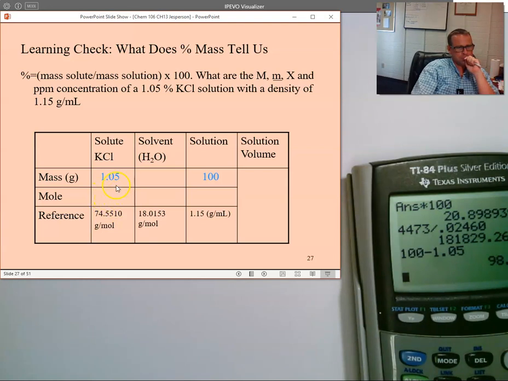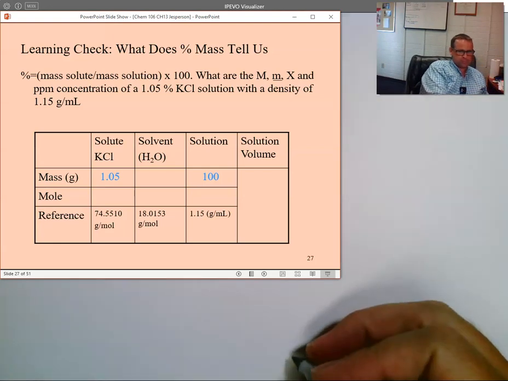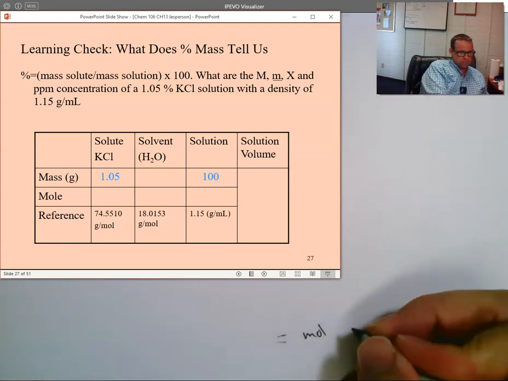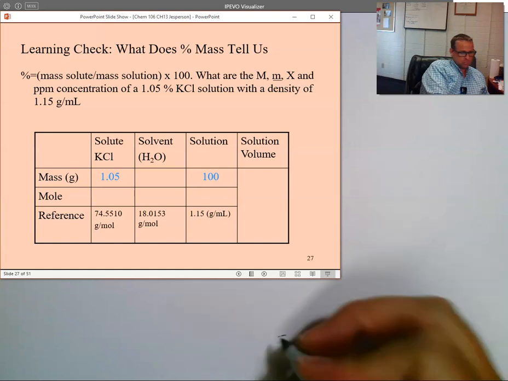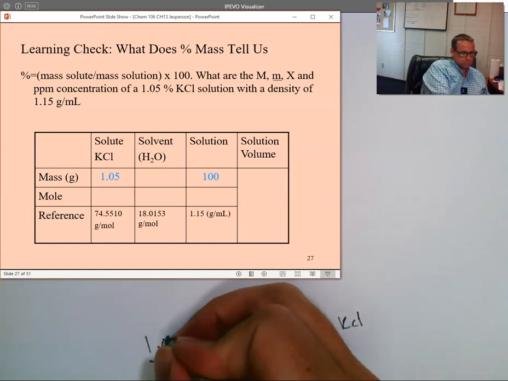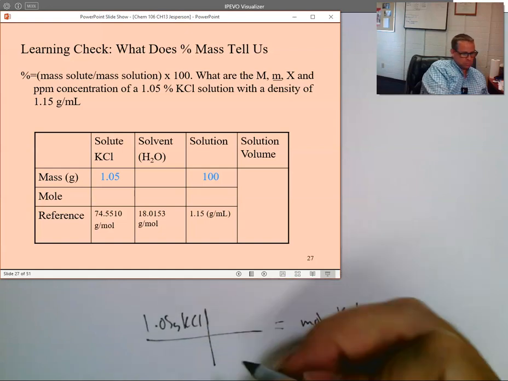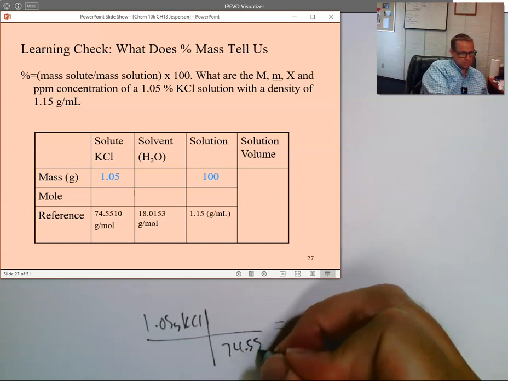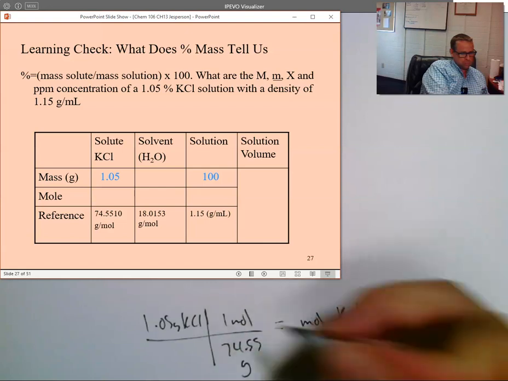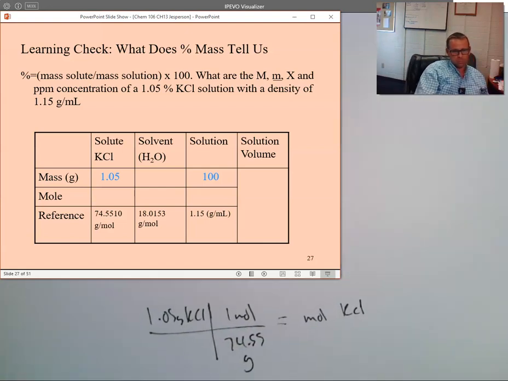Nice. So let me draw this out. We're going to have 1.05 grams, and we want moles. So there's 1.05 grams of KCl, and we're going to put the molar mass on the bottom: 74.55 grams per 1 mole on top.